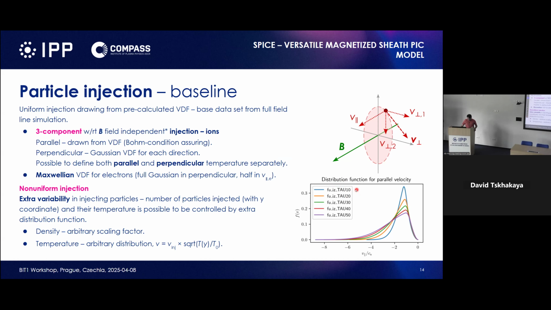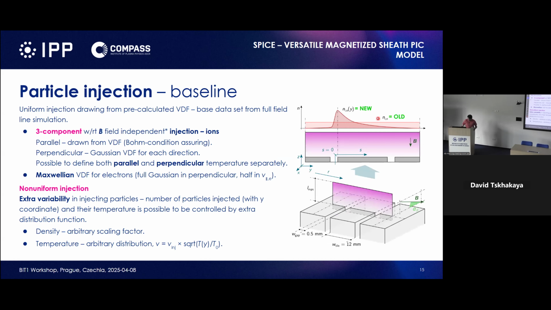Additionally, we have the possibility to inject the particles non-uniformly. For example, if you are simulating the strike line plasma, you have different densities in short range of dimensions. So to enable the model to do that, we introduced non-uniformities in temperature and density.